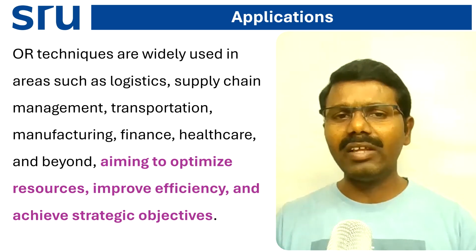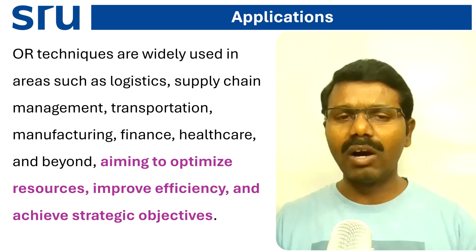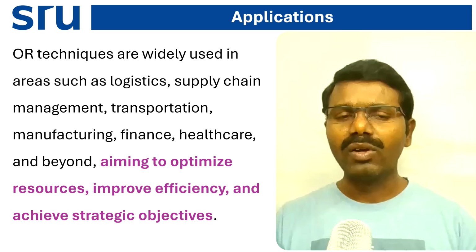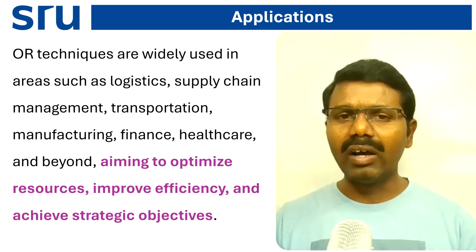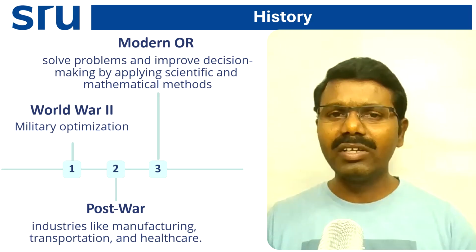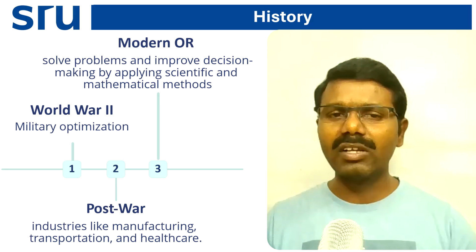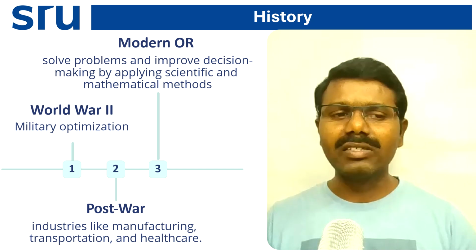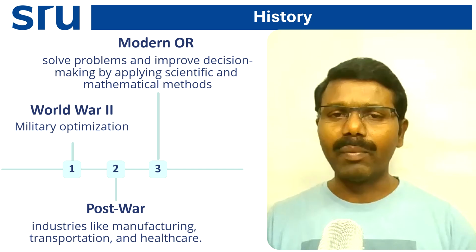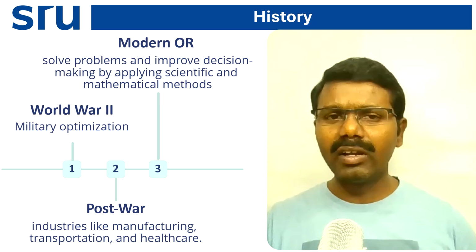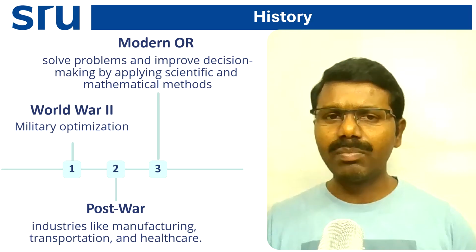If you see the history of where operations research actually started, it will make you more interested to learn this subject. These techniques were first used during the Second World War for military operations. During the Second World War, wars were happening everywhere and every country was participating.